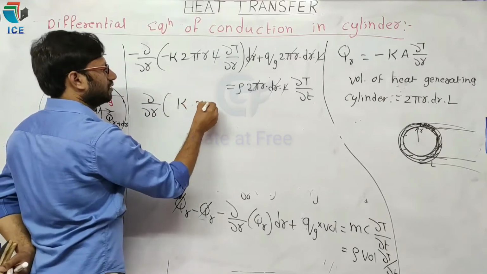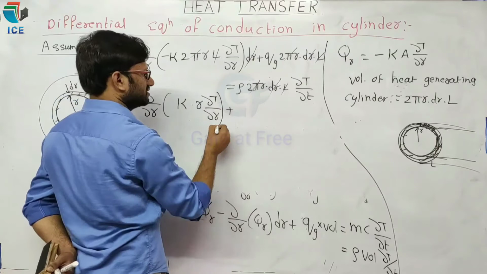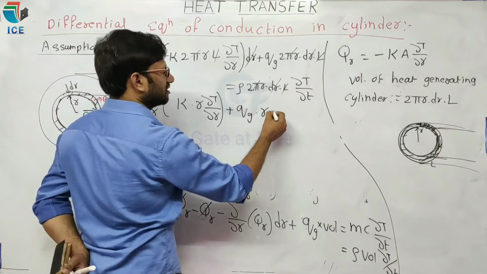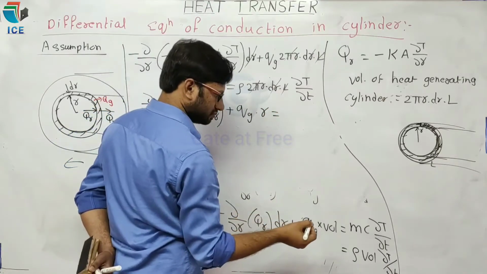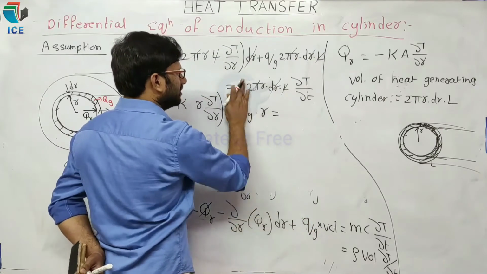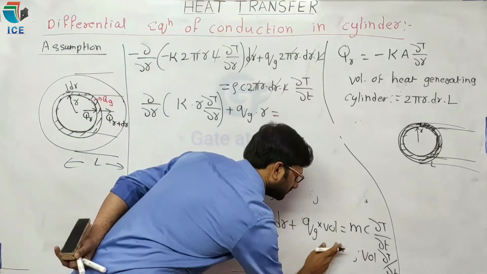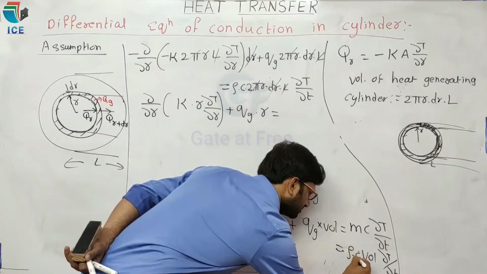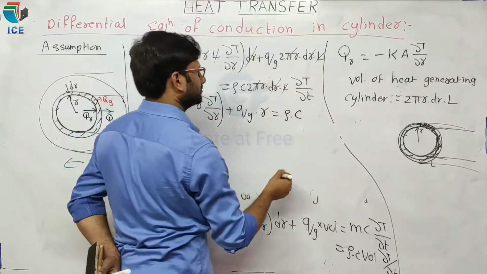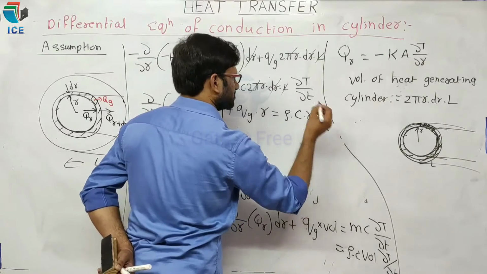K into r dou T by dou r plus Qg into r is equal to, sorry, density into specific heat, rho c, into r dou T by dou t.